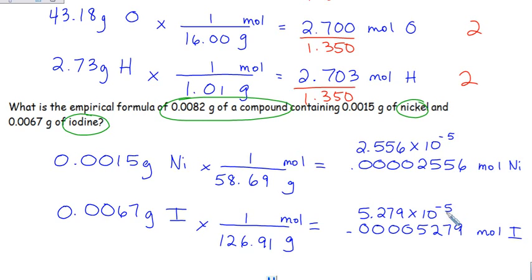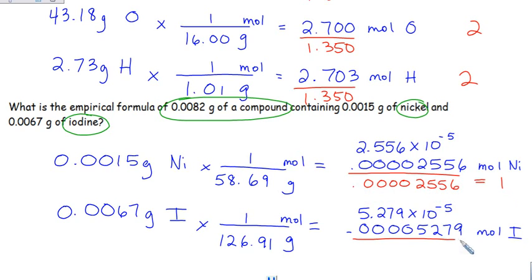Now, at this point, you might have a hint at what this ratio will be, and if not, we'll treat it like any other problem and divide by the smallest. 0.02556, because I know that's giving me a 1.